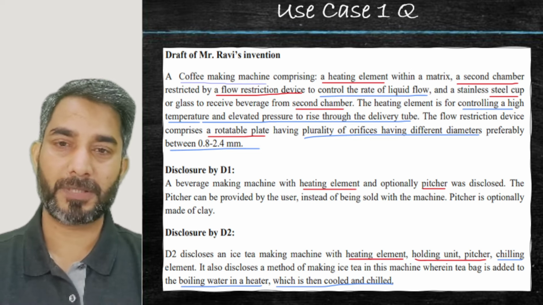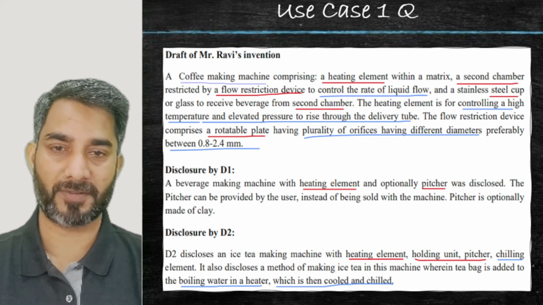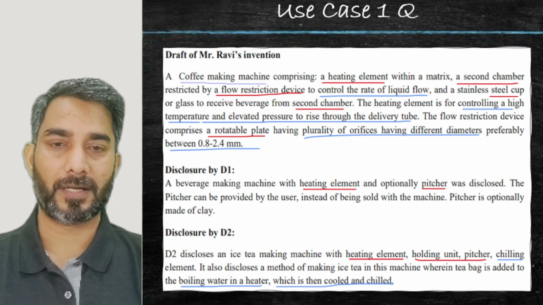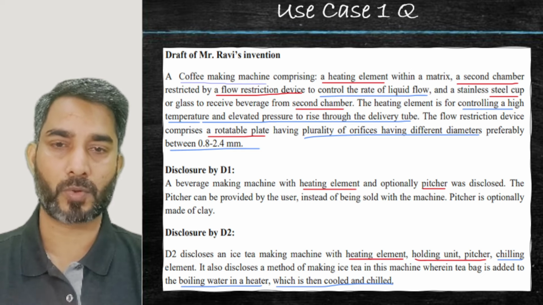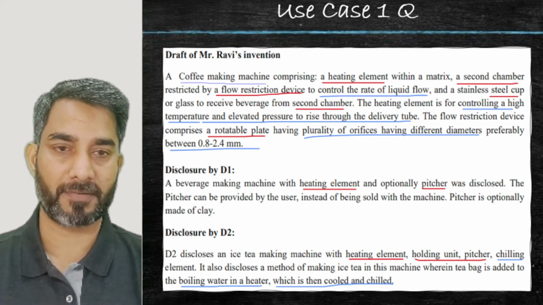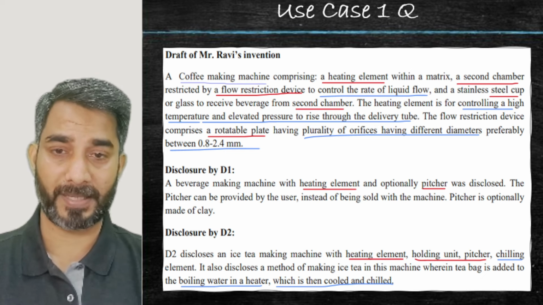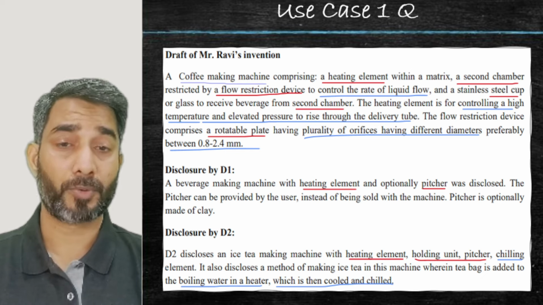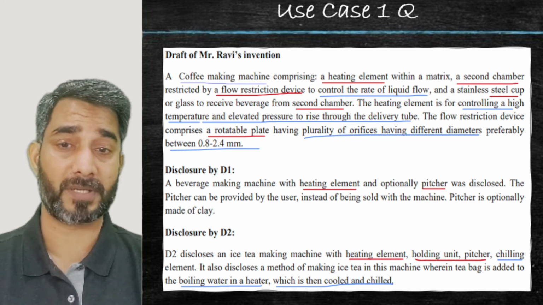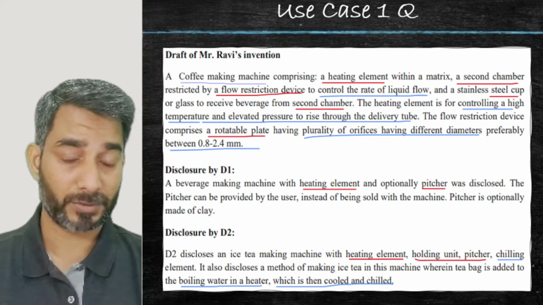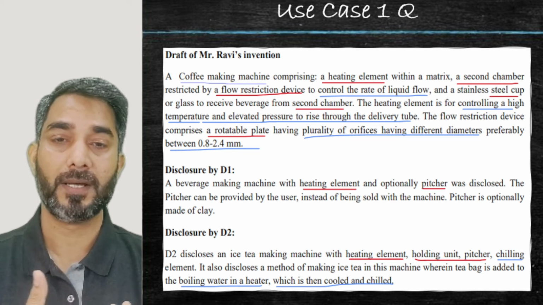But then see, between D1 and Ravi's invention, one thing that has come out clear is that Ravi's invention has many more components. The flow restriction device being one, rotatable plate being another, plurality of orifices having different diameters on the rotatable plate. So we have a lot more implementation detail.